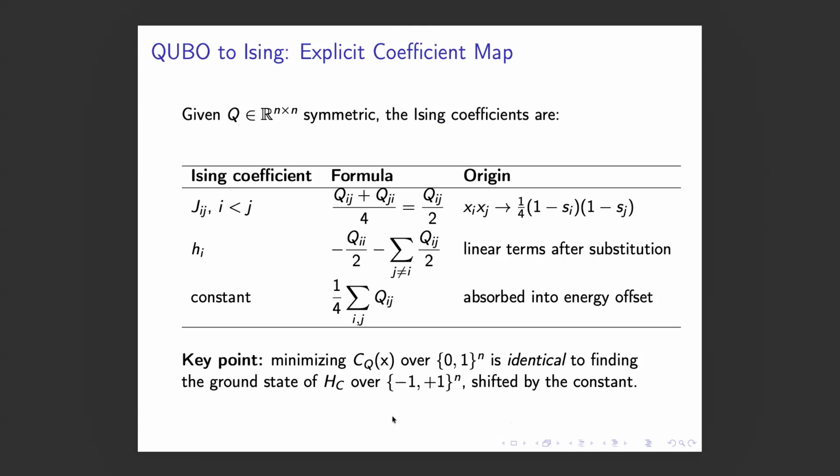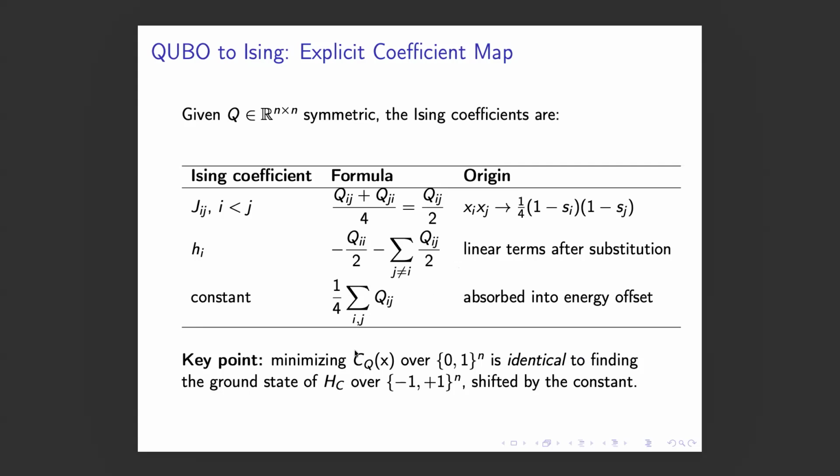So we do a QAOA to Ising. So we have a coefficient mapping. We have the Ising coefficients where we typically have a parameter J_ij. We have this formula here, which we can rewrite like this. And then we have the transformation of the x_i to the z_j's. So we get these linear terms, and then we just have a constant which is absorbed into the energy offset.